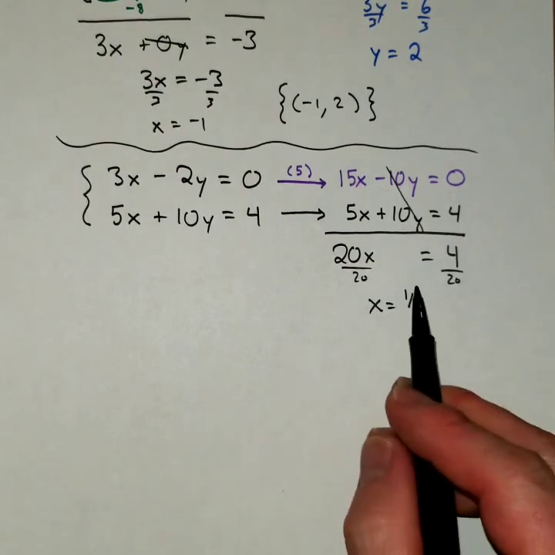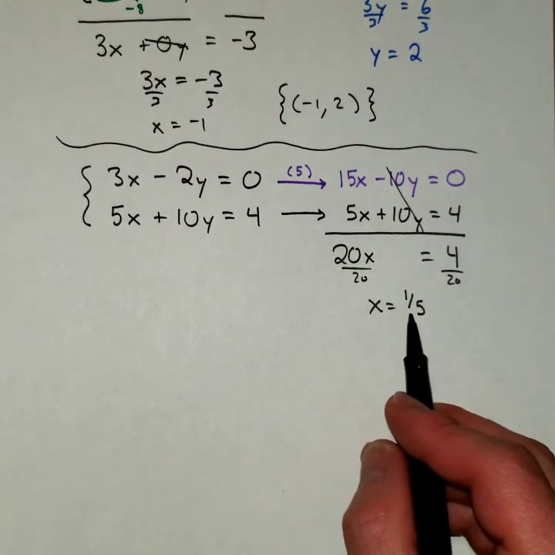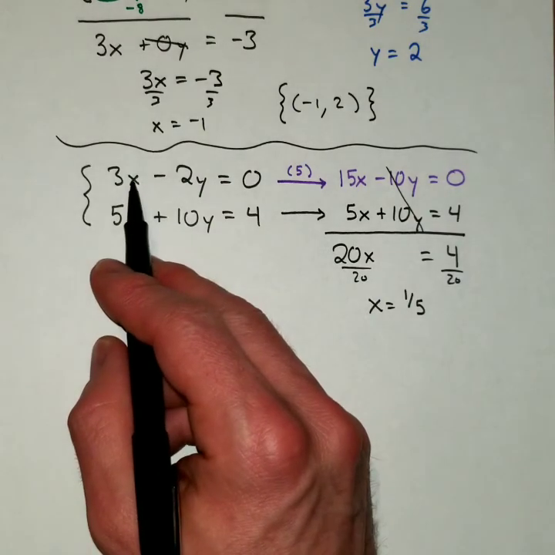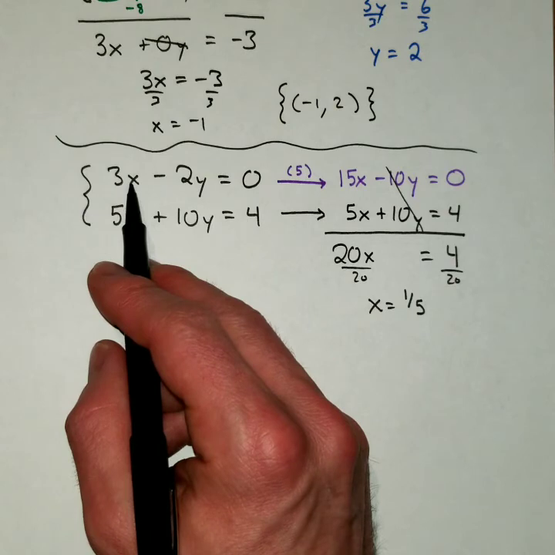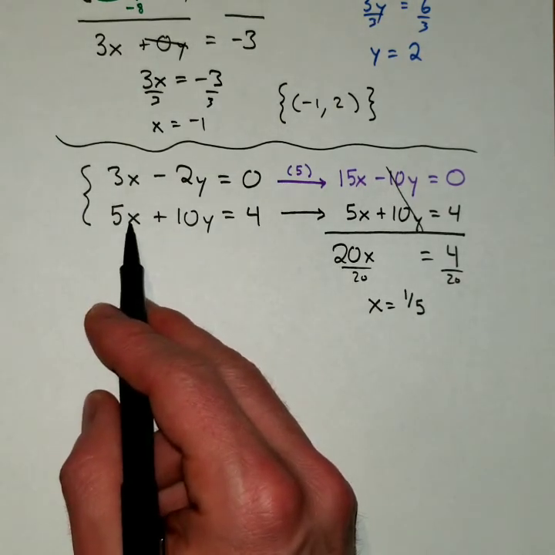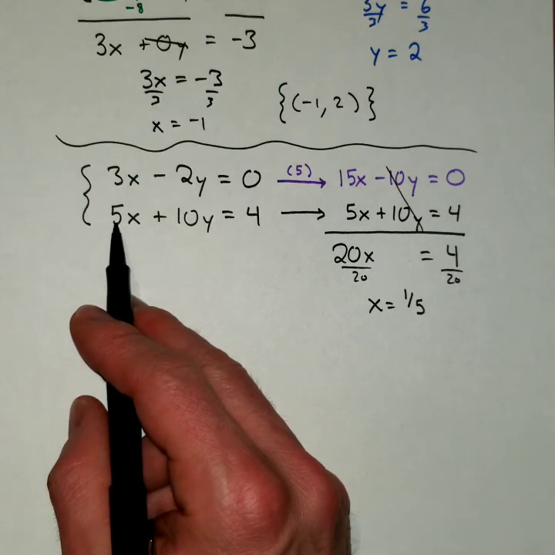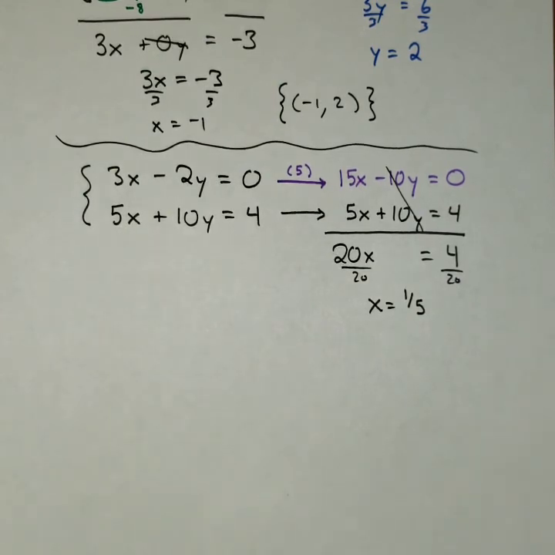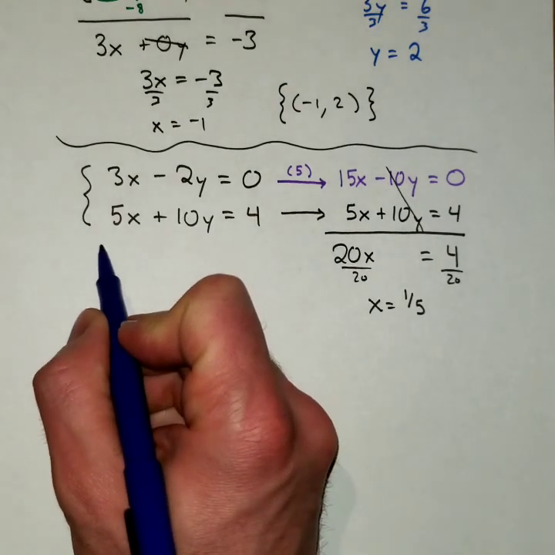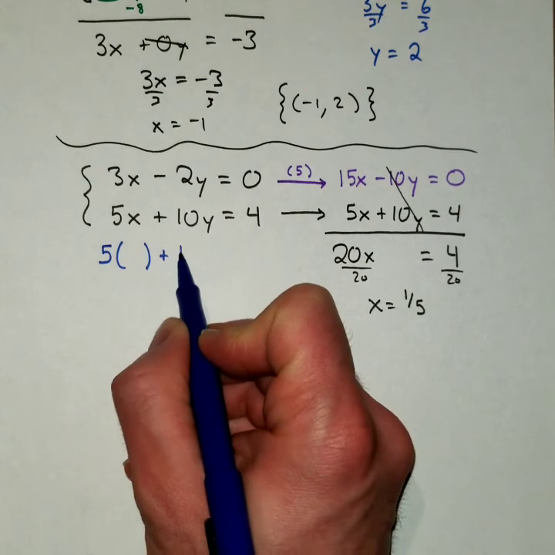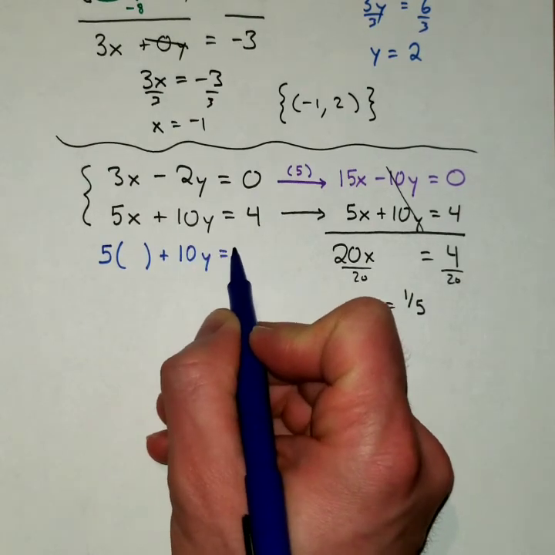Okay, so now the 1/5, of course I need the ordered pair, so I plug that back in. Now if I put 1/5 up into this first equation, I get 3/5. I'm dealing with fractions. But if I put it into this second equation, 1/5 times 5 is 1, the fraction drops out. So I'm going to use that one. So let's go with 5 times my 1/5, plus 10y equals 4.